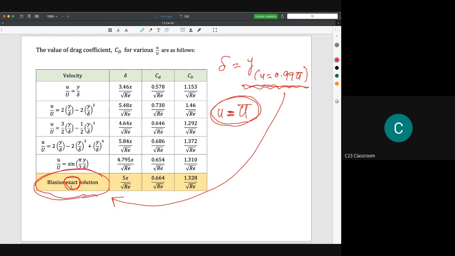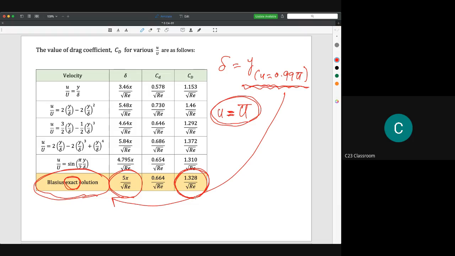Okay, that's the difference between Blasius and von Karman. Then I hope you could remember the equations for Blasius. The minimum ones are delta and also the CD for Blasius, because the Blasius solution is the representative solution for the laminar boundary layer.